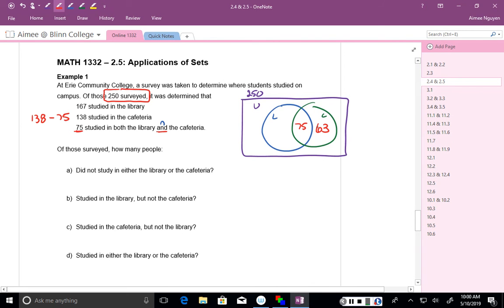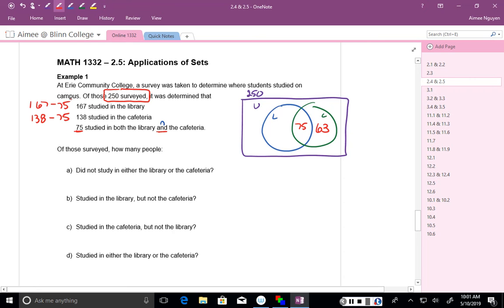And then I can do the similar thing with the 167 people that studied in the library. Again, it does not say that they only studied in the library. It does not say that they did not study in the cafeteria. So in order to find out what goes in the part that's just to the L, I have to subtract those 75. So 167 and then subtract the 75.